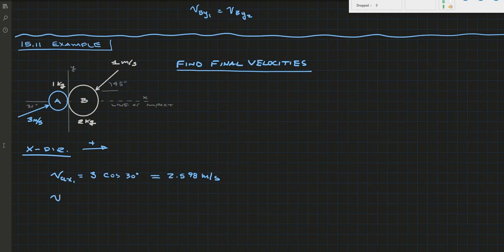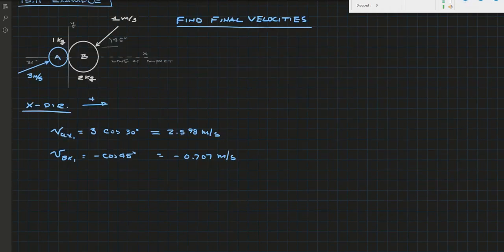And our velocity of B in the x direction, our initial velocity in our schematic up above, is minus, because it's heading in the minus direction, minus 1 times cosine of 45 degrees, and that is minus 0.707 meters per second.